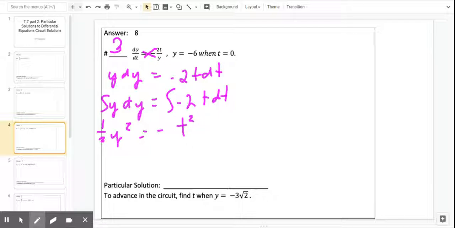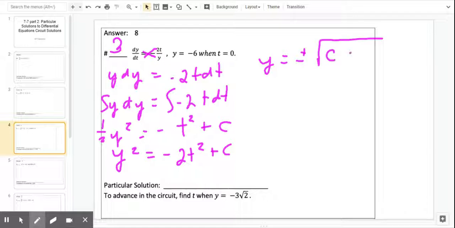So that's just negative 1t squared plus c. And then to get the y alone, multiply by 2 on both sides. So negative 2t squared plus c, then take the square root. So y equals plus or minus square root of c minus 2t squared. Okay, so that's our general solution.